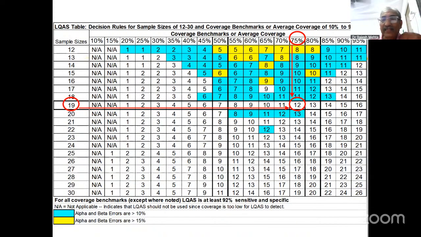Similarly, if 19 is selected and if 13 are covered with geriatric care, we would say that 80% is the coverage. If out of 19, only 7 are covered, we say the coverage is 50%. So this shows the coverage percentage estimated based on this. 7 out of 19 means coverage roughly 50%.